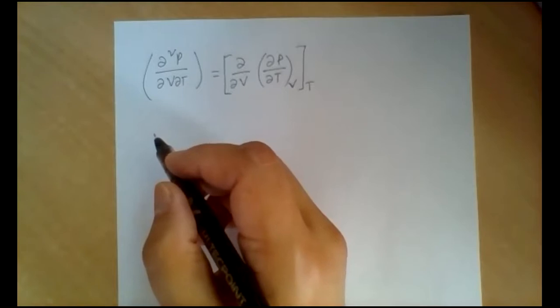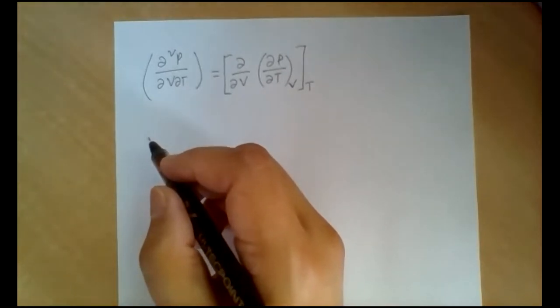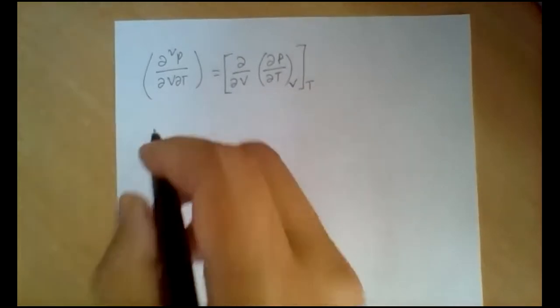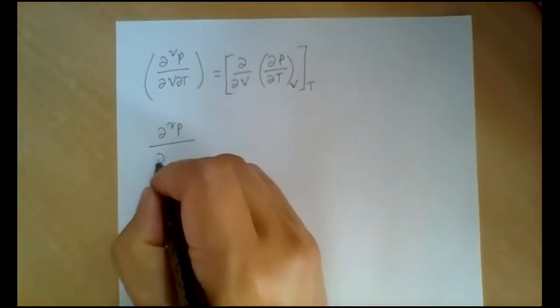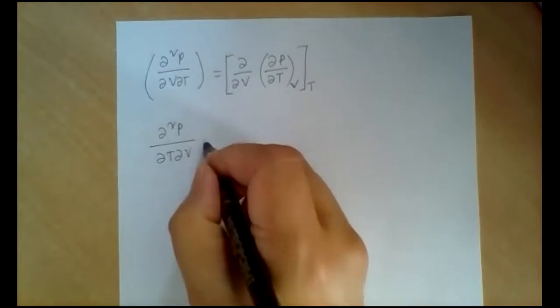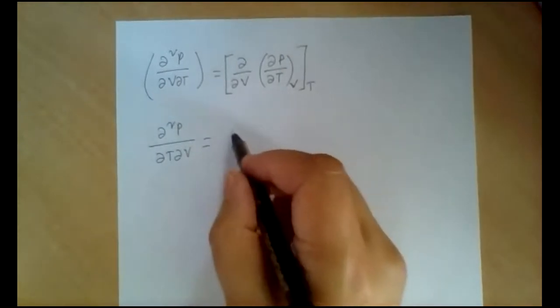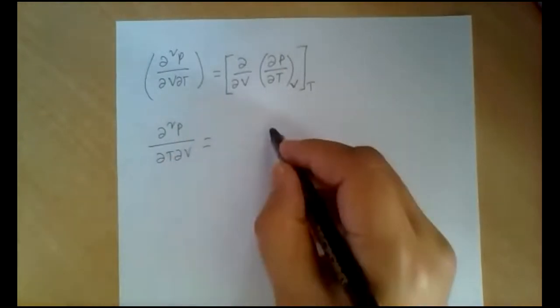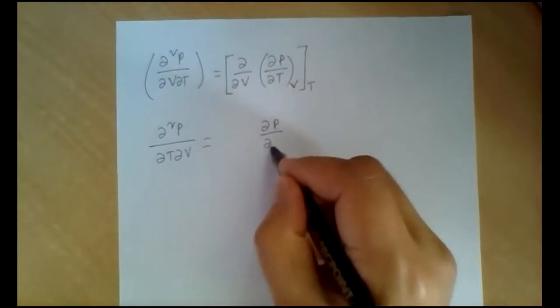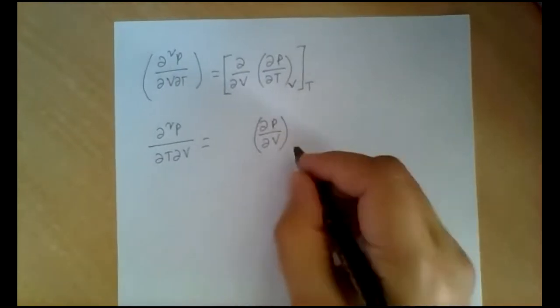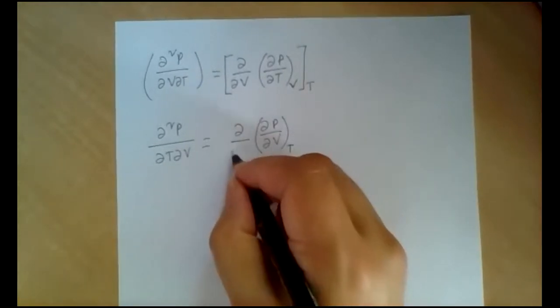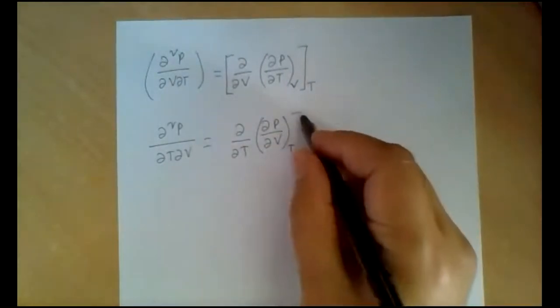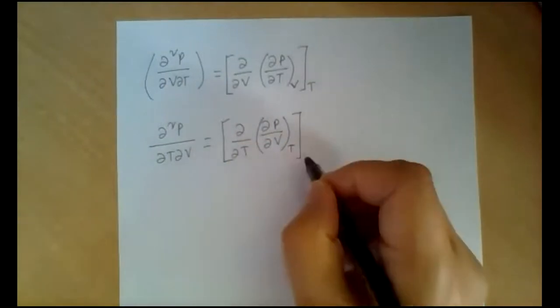Mixed second partial derivative del 2P by del T del V. What will be this? This will be first del P by del V at constant temperature, then del by del T at constant volume.